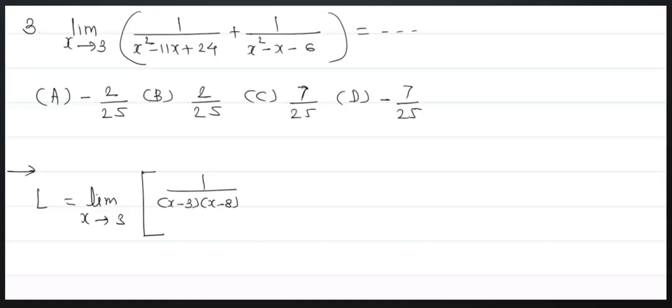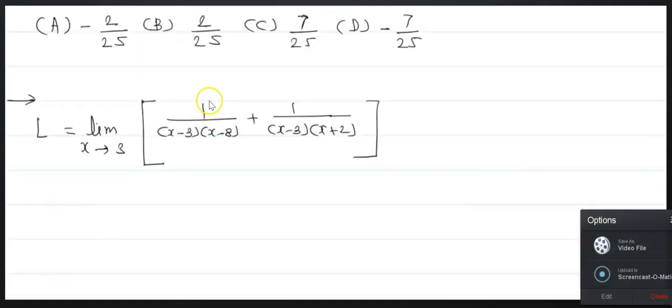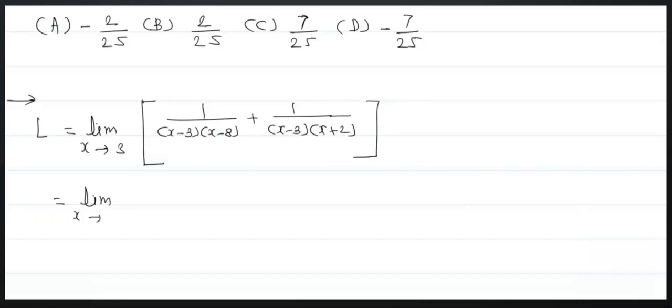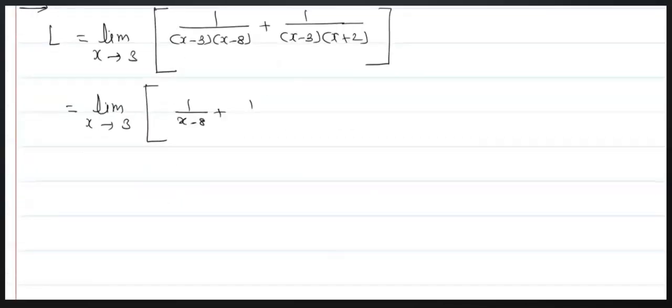Now simplify here, factorize. See, these are the factors. 1 upon x minus 3 into x minus 8 plus 1 upon x minus 3 into x plus 2. Now 1 upon x minus 3 is common here, and that is the limit x tends to 3, 1 upon x minus 8 plus 1 upon x plus 2 into 1 upon x minus 3.